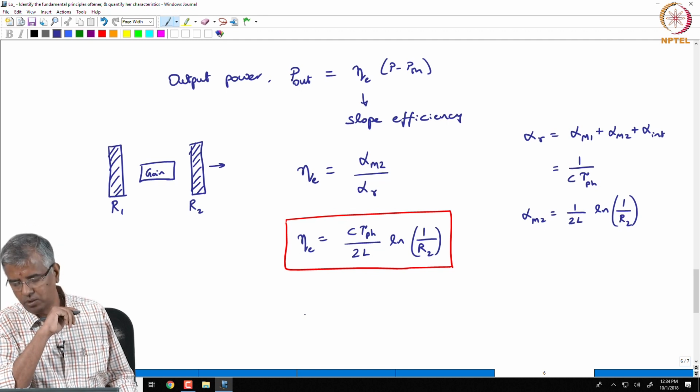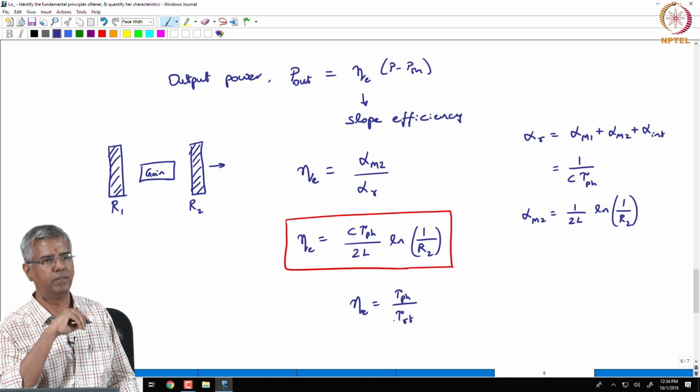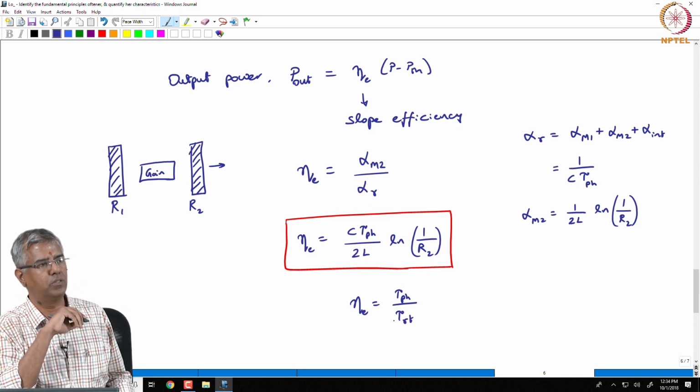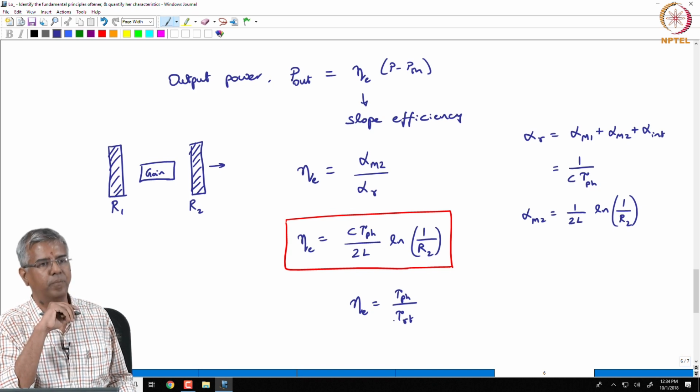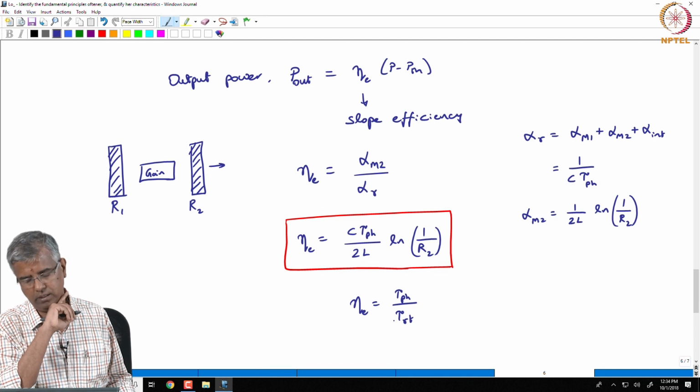So, I can write this as tau photon over tau RT, where tau RT corresponds to the round trip time inside the cavity.